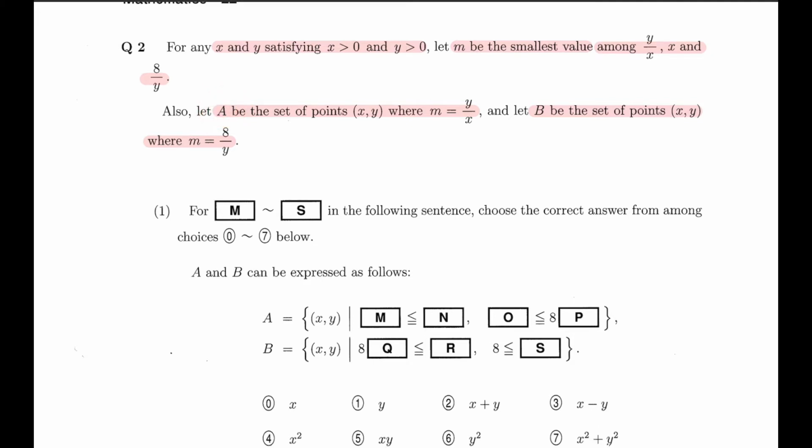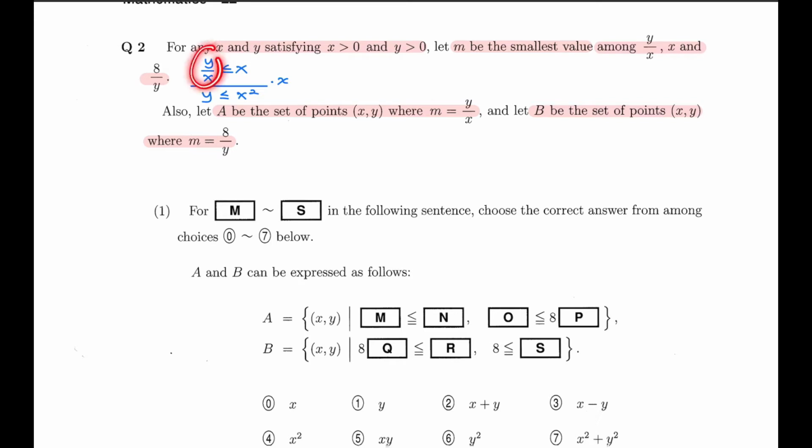So first of all, y over x less than or equal to x. Since x is greater than 0, we can multiply this inequality by x, and we will obtain y less than or equal to x squared.